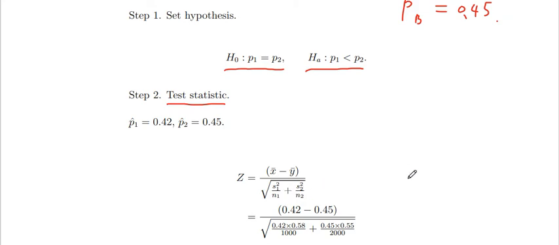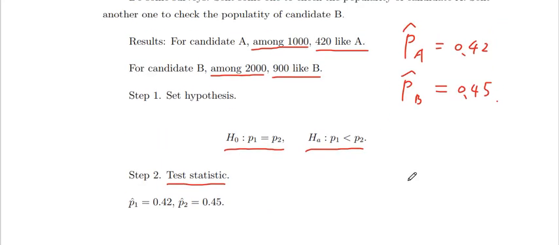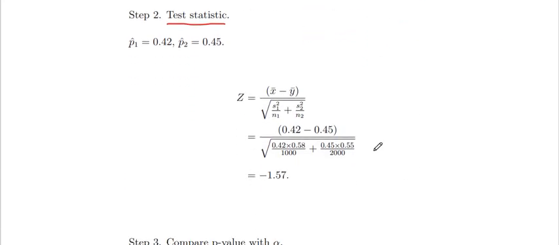So x bar is 0.42 minus 0.45. For the standard error, we can use P1 hat Q1 hat over n1.